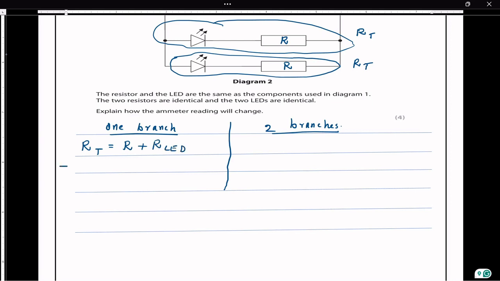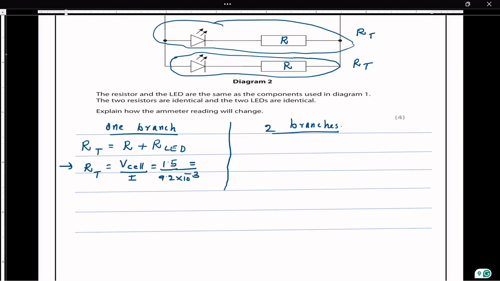But we don't know the resistance value of the LED, but we can calculate the total resistance as the total voltage, that is the cell voltage, over the total circuit current, which is 1.5 over 9.2 times 10 to the power of negative 3 amperes.